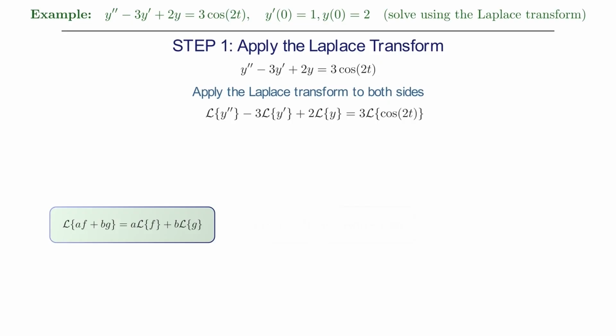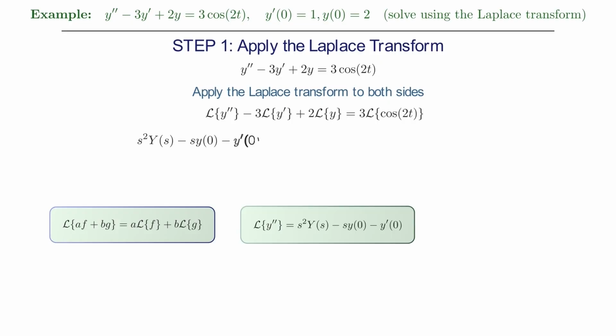Using our table, we can substitute in the value for the Laplace transform of y'', and we get that this is equal to s squared Y(s) minus s y(0) minus y'(0). Then we can substitute in the value for the Laplace transform of y'.